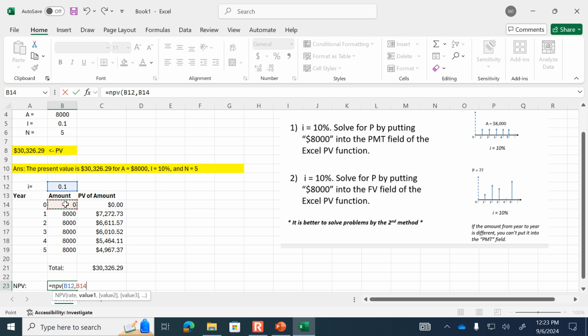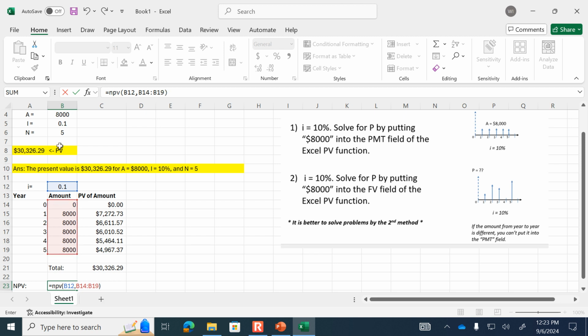So it would be an error if I selected all of these values in the NPV function, because at year 0 there's nothing happening, but it thinks the first thing it sees is some amount in year 1. So it would give the wrong answer. Let me show you the wrong answer. I'll close parentheses and then push enter.